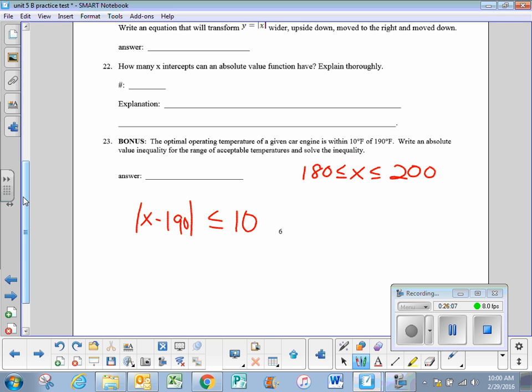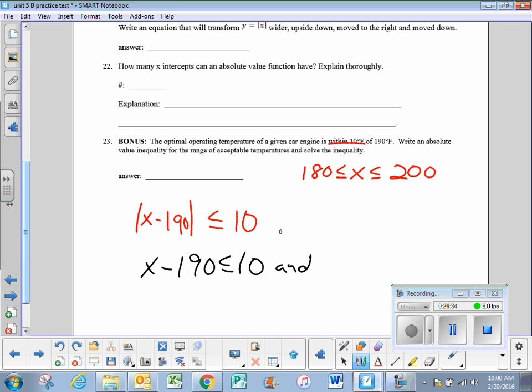Where'd you get 180 and 200? What does within 10 mean? You could subtract 10 or add 10, less than 10 more. Remember, English does play a role in math. So you can try this, and you guys know how to solve these. Is x minus 190 less than or equal to 10?